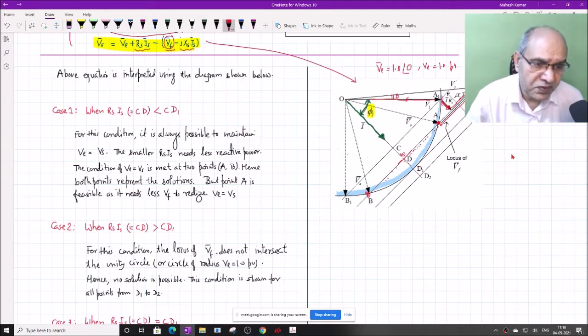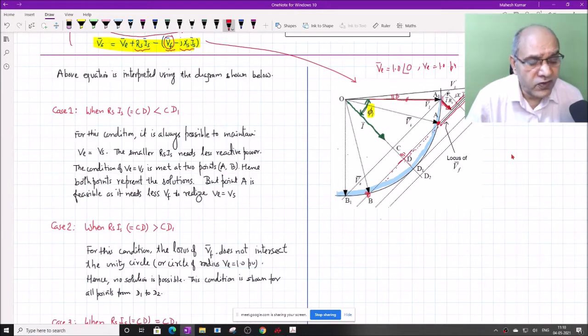So which one will we prefer? We will prefer A solution because it requires less value of BF. If I use B point, I have to add so much of BF from here to here. But if I use point A, then I will only use BF from this point to this point.